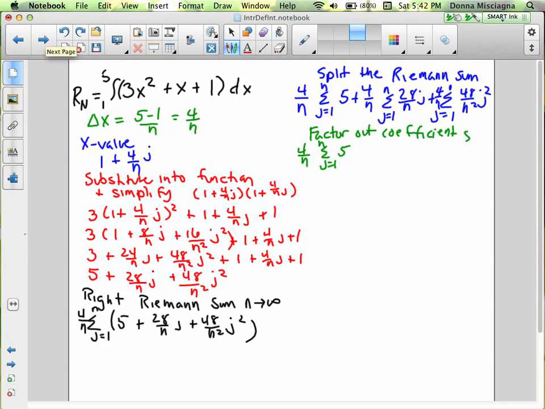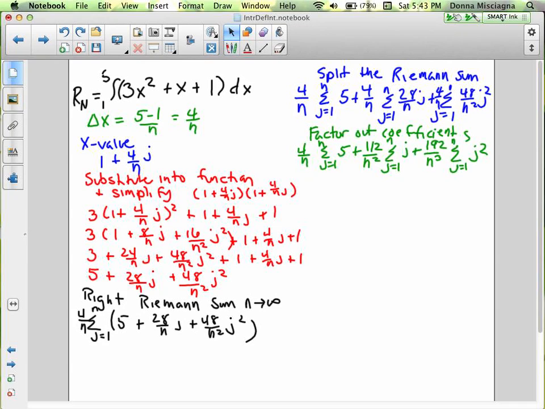So 4 times 28 is going to be 112 over n squared sigma j equals 1 to n of j, plus 48 times 4, that's going to be 192 over n cubed sigma, j equals 1 to n, of j squared.